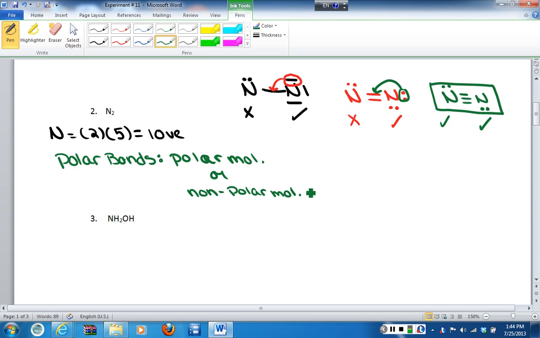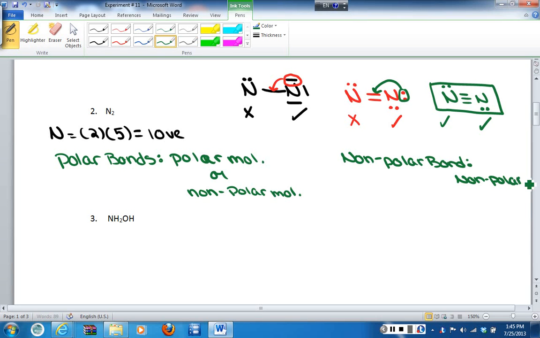But also, if you recall, when we have non-polar bonds, meaning the electronegativity between the 2 atoms in the bond has no significant difference, we have a non-polar molecule.